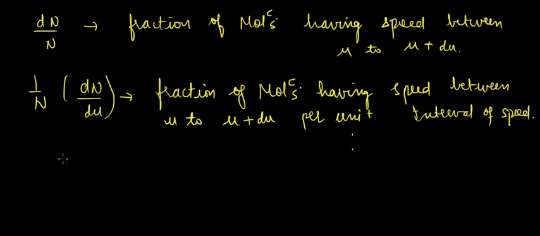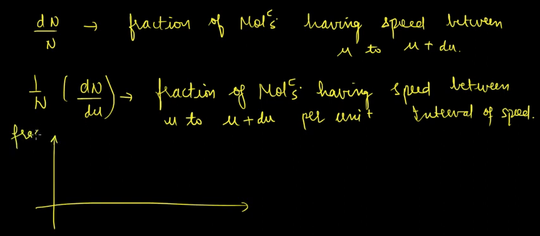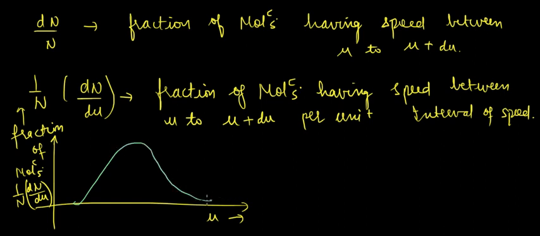Okay, so let's see a graph between the fraction of molecules, which is 1 upon n dn by du, with u. Okay, so here we can write that this is the graph.